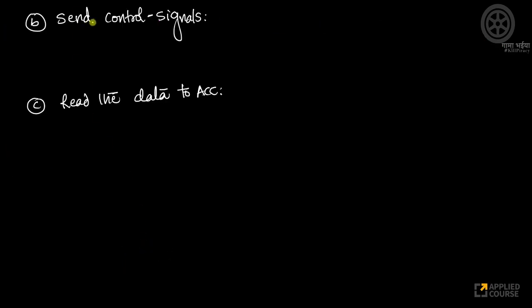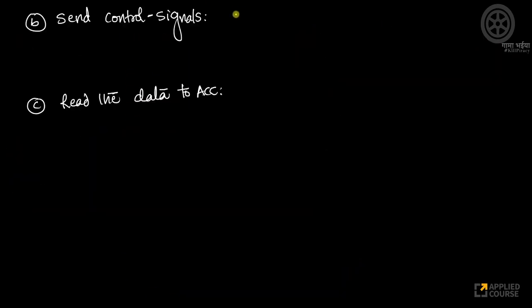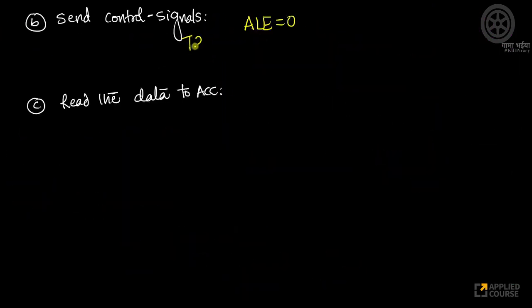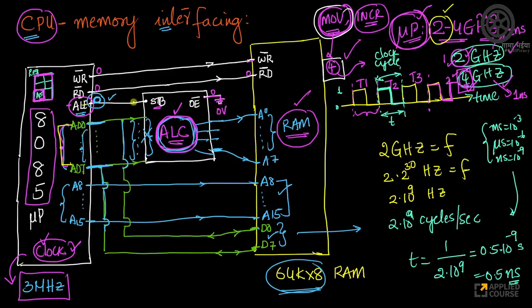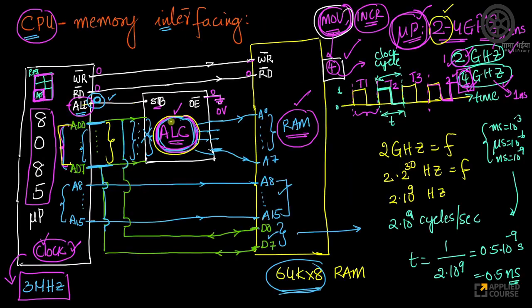Now let's go to sending control signals. I've sent the address; now I also have to send control signals. After this, I need to make my ALE equal to 0. This happens in cycle T2. As soon as ALE equals 0, whatever address I sent earlier is already copied into the address latch chip.